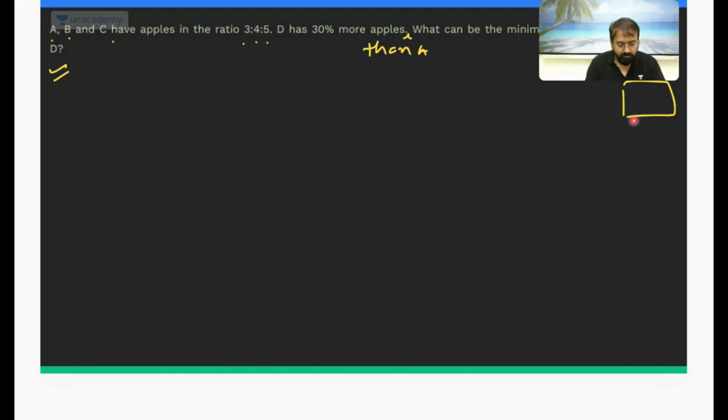Come on, guys. No, Anis, that's not correct. 1 is not the correct answer. Guys, you can't have decimal apples. You can't have apples in decimal numbers.